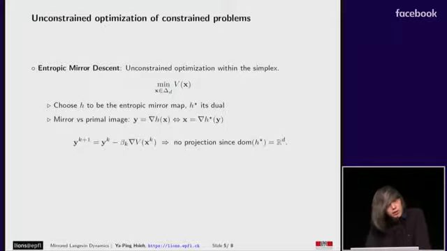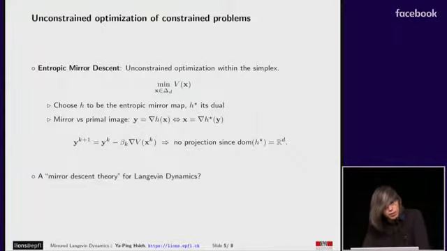The idea is that you don't directly do gradient descent because you have a constraint, but instead you're going to use the so-called entropic mirror map, the gradient of the entropy, to map your primal decision variable to the dual space. And then you can do gradient descent in the dual. And because of the key property that the domain of the differential of the dual of the entropy is the whole space, you know that your dual variable does not have a constraint, and therefore you don't need to do any projection.